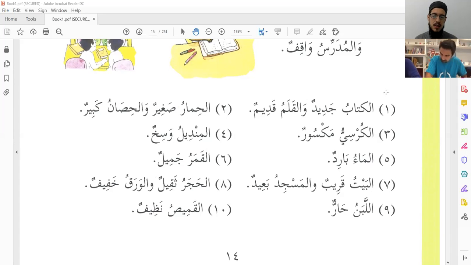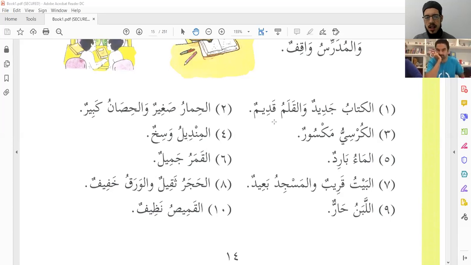In this case, we know it's ma'rifah because of the alif lam. And the khabar is jadid, and we knew two things about it as well. The khabar also has to be marfu', which means it has some sort of dhamma at the end. And it has to be nakira, which is indefinite, which is shown by the tanween. We'll get into that more and more as we go along.